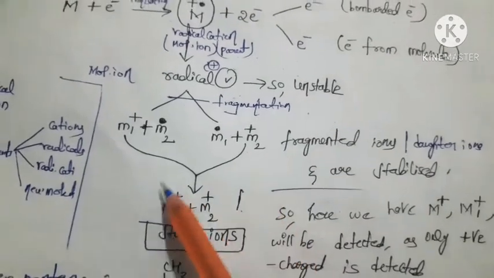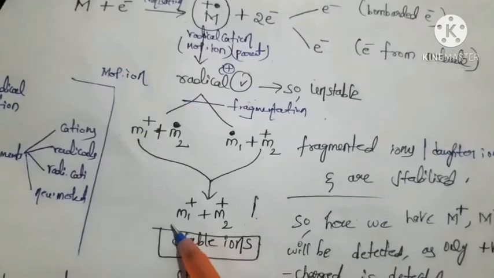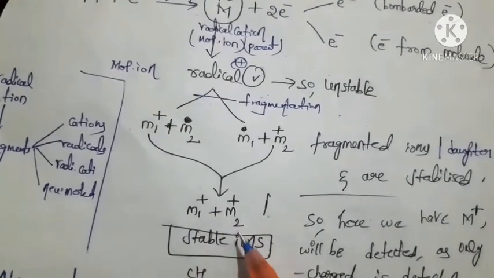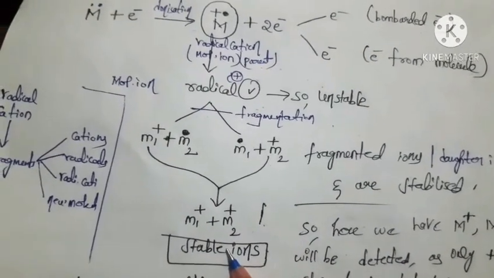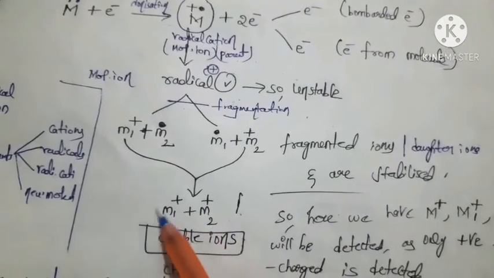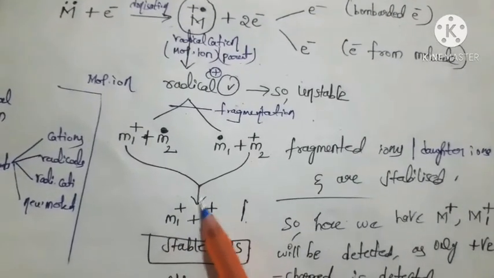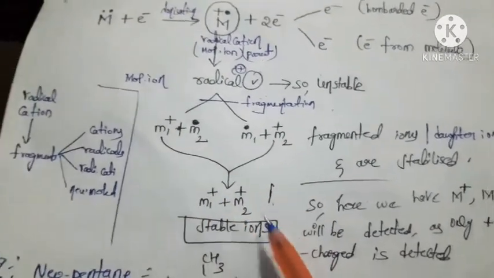Not only this, friends, usually we detect M1 plus and M2 plus in the spectra. Why? In the spectra it is possible to detect only the positively charged ones. As these two have the positive charge, they will be detected in the spectra.